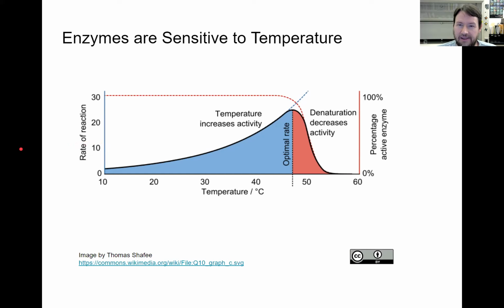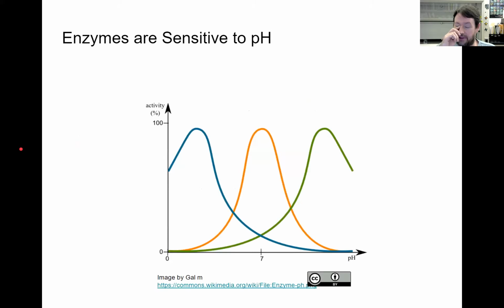So that's one example. A different example is pH. So if we look at the enzymatic activity for different pH values, we find some different patterns. So for typical human enzymes, our pH is somewhere around 7, maybe a little bit basic, actually. Maybe 7.35 is the number that comes to my mind, but I could have that wrong for blood pH.